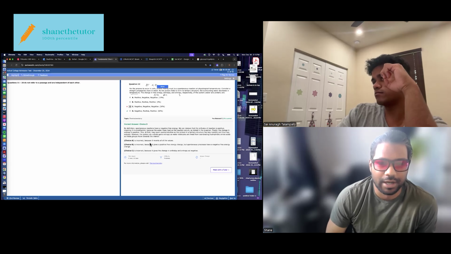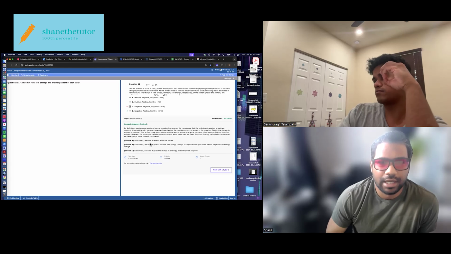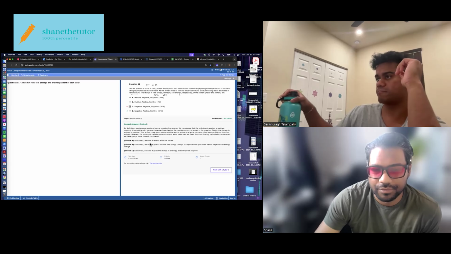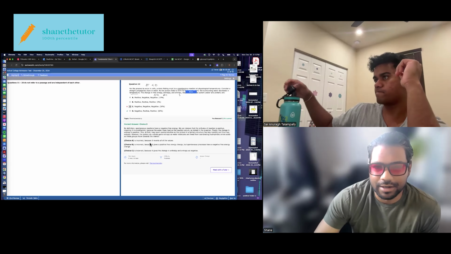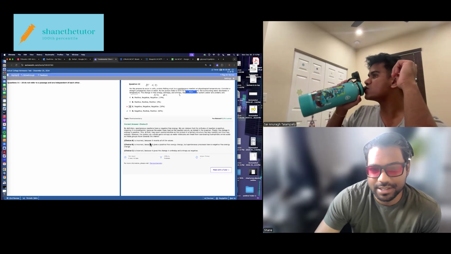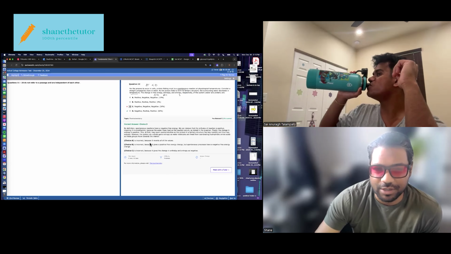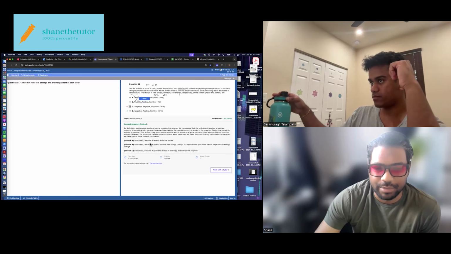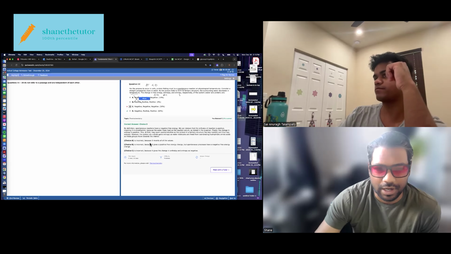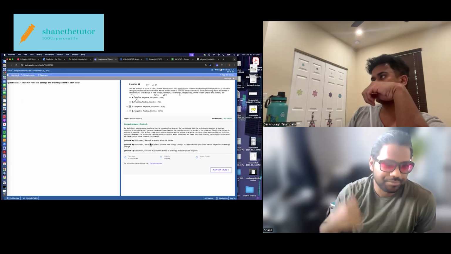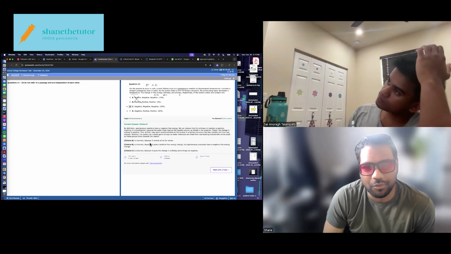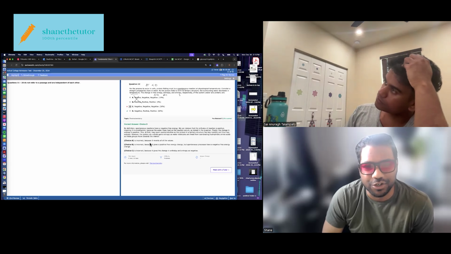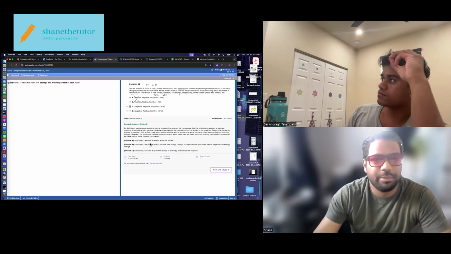So they said that it must be spontaneous, which means our delta G would be negative, right? So we can get rid of A and B, right? Now we want to figure out what the enthalpy and entropy value would be.